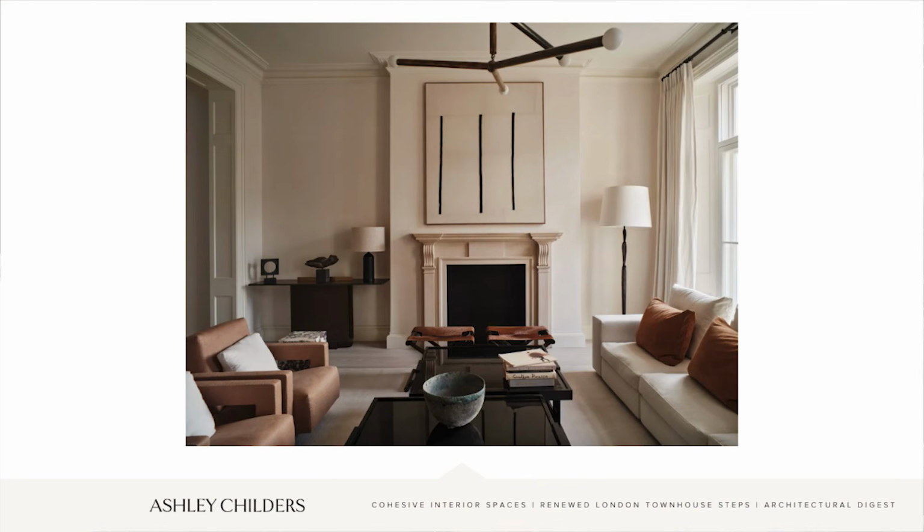Number 3 on our list of creating cohesive spaces is to take inventory of what you have and edit. So I want to explain this a little bit. I feel like a lot of times, especially as we go through life, we kind of collect things from here and there and everywhere.